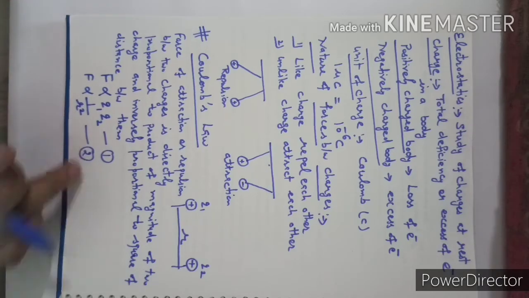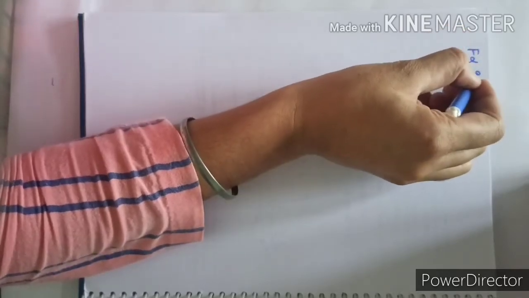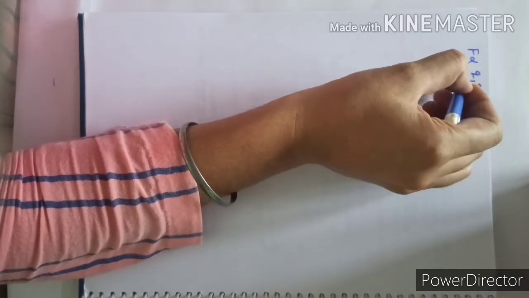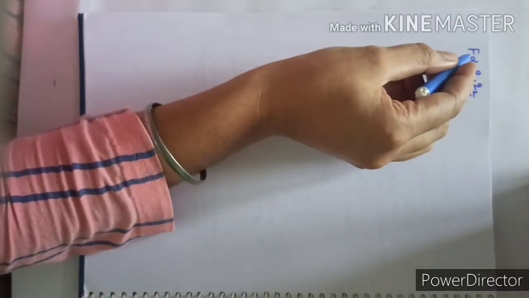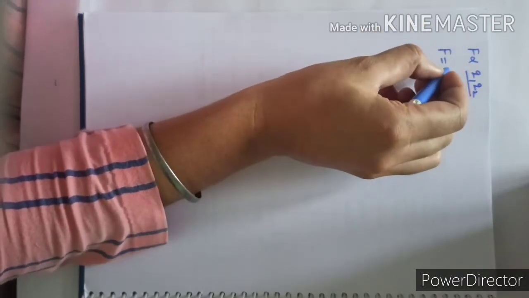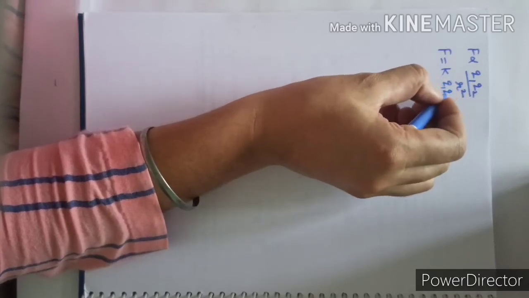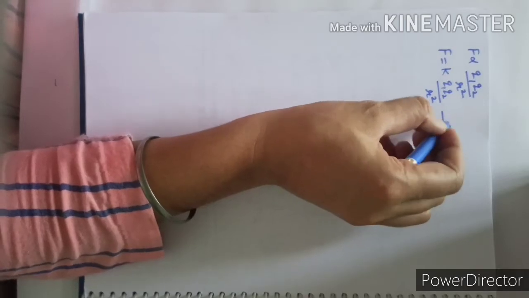Now from these two equations, F is directly proportional to Q1 Q2 by R square. When we replace this proportionality with an equal sign, here is the constant of proportionality K: F = K Q1 Q2 by R square. Say this is equation number 3.